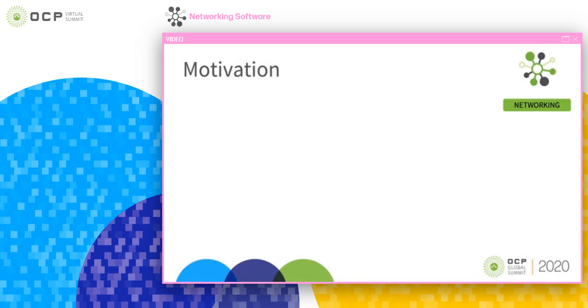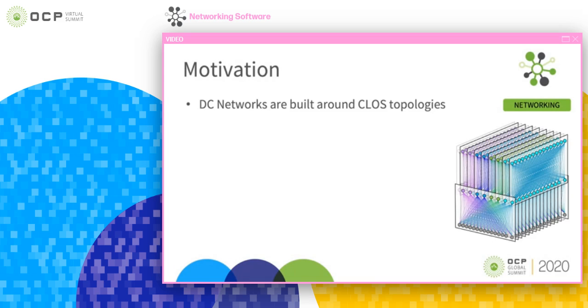Before we delve into the details of OpenR, let's take a look at how data center topologies are built and operated at Facebook. The current data center topology is built around Clos topology. It offers many advantages over fat tree or other designs.